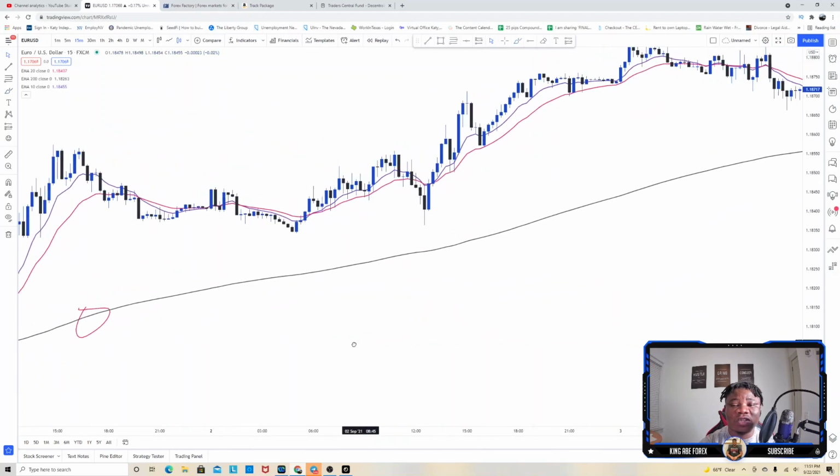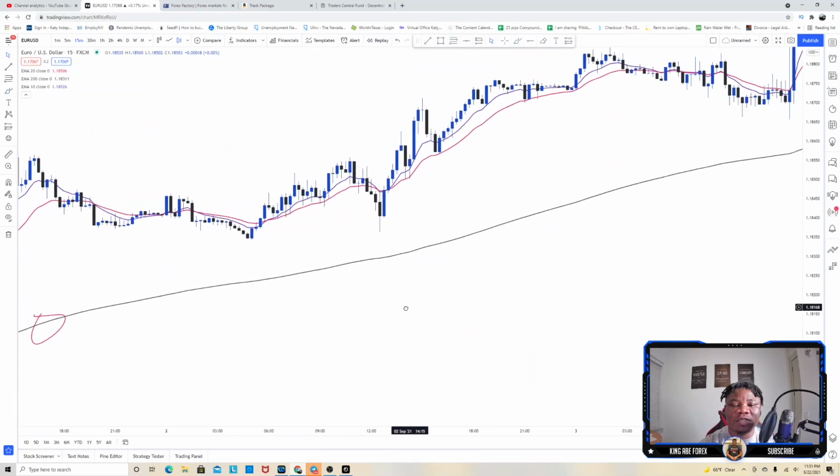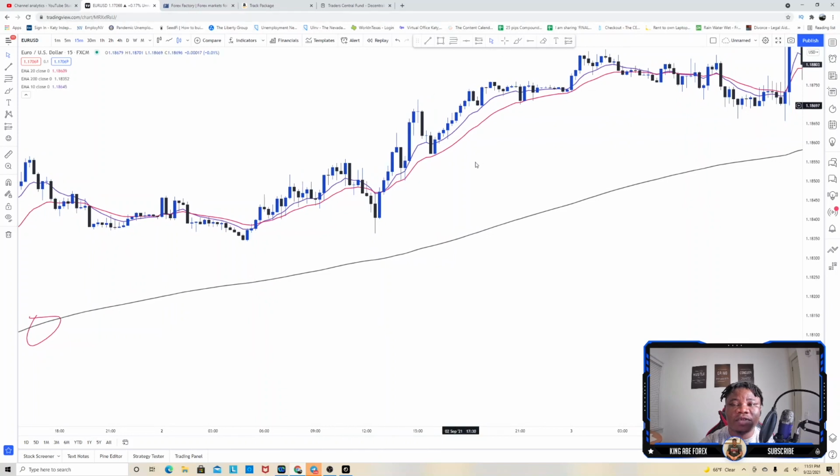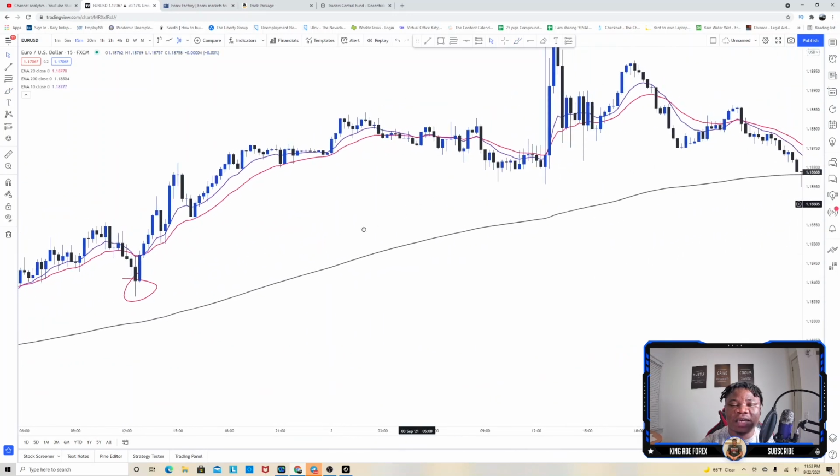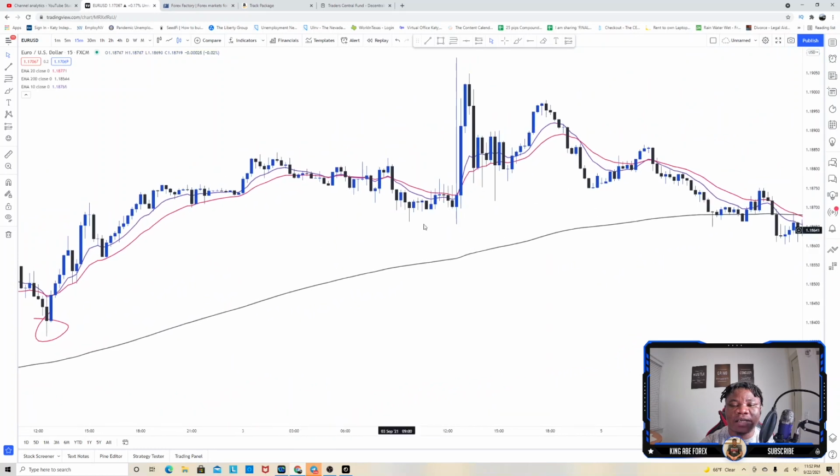So as long as price stays above the 200 EMA, every pullback you can get in a trade. Again, we have a pullback here, we got an entry right there. We had a pullback right here, we got an entry right over there. So every pullback you can get in for a buy position.